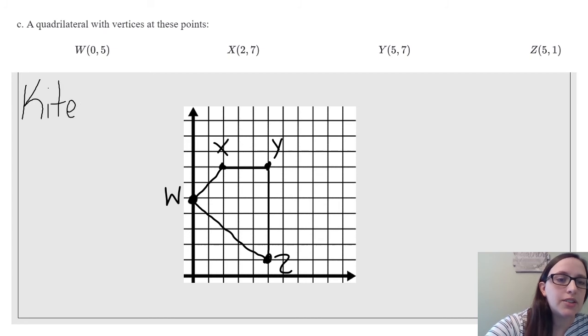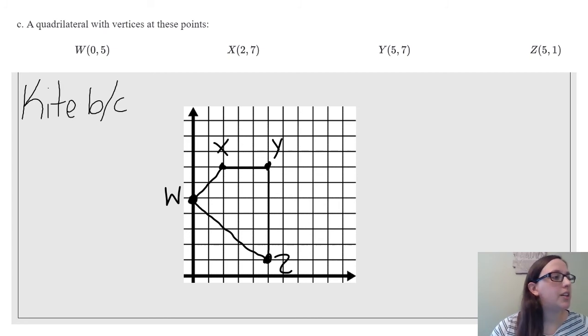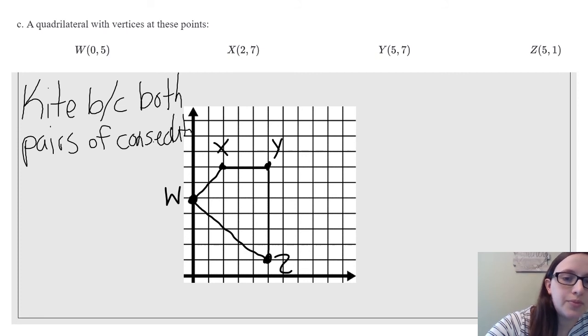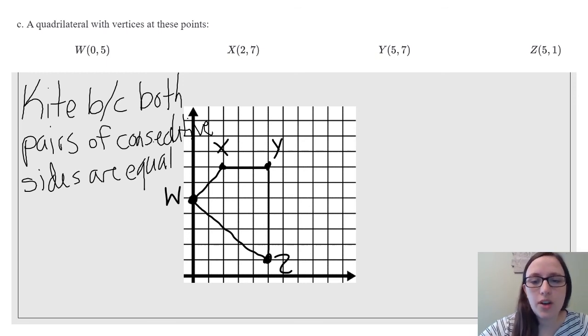So I'm going to write down that it's a kite because, and that definition is, both pairs of consecutive sides are equal or congruent. All right, so I'm going to try to prove that this side is equal to this side and this side is equal to this side.